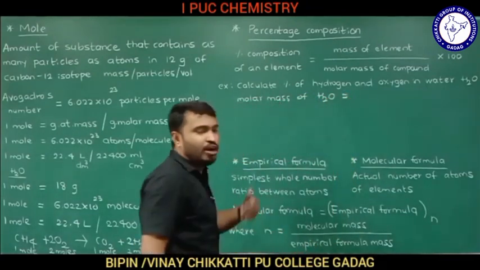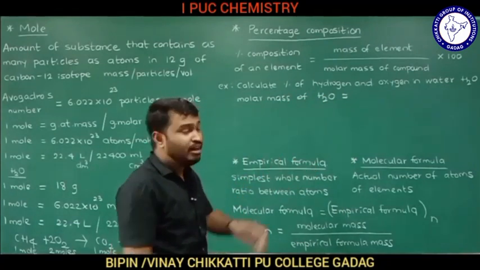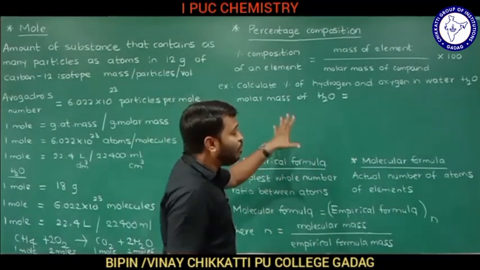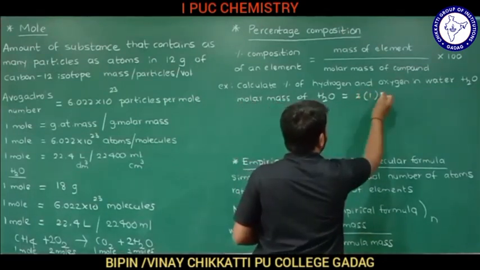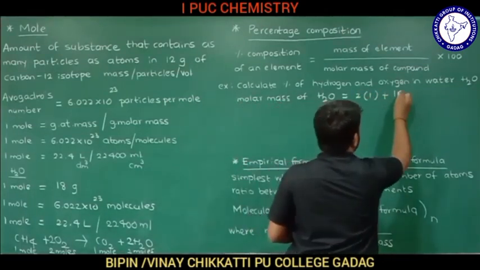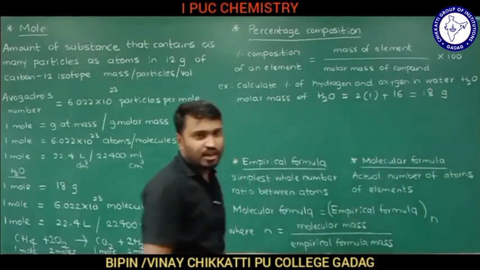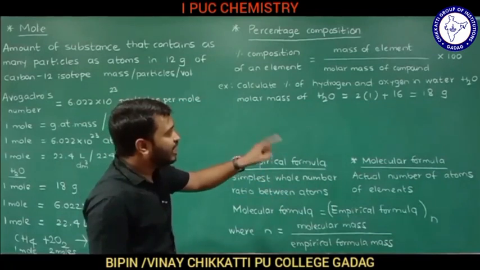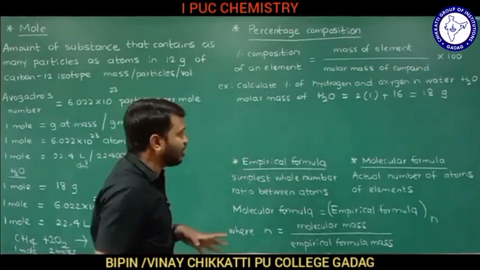We know that molar mass, formula mass, molecular mass are different ways of representing it, but the calculation is the same: the sum of atomic masses. Hydrogen is 1, we have 2 hydrogens, plus oxygen. The atomic mass is 16, and totally you are going to get 18 grams. So what is that 18 grams? 18 grams is the molar mass of water. So okay, first you have to calculate the molar mass, and now we'll see.